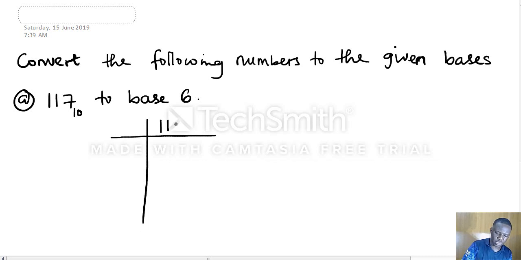So this is 117 divided by 6. 6 into 11 is 1, remainder 5. 6 into 57 is 9 times. 9 times 6 is 54.